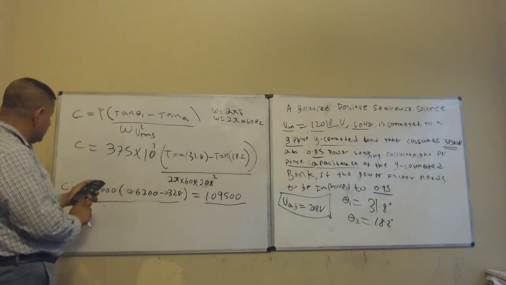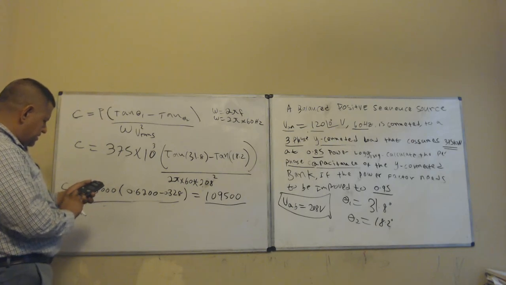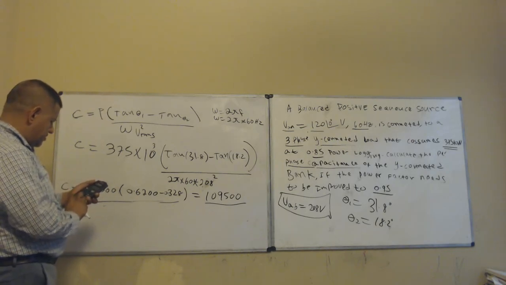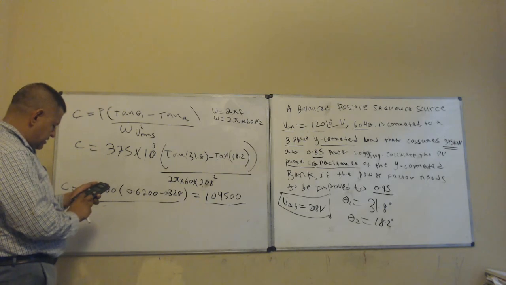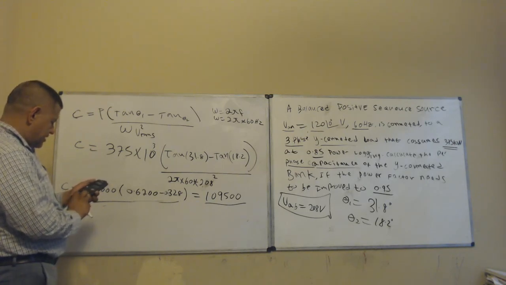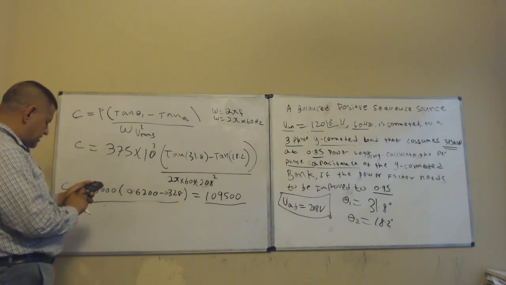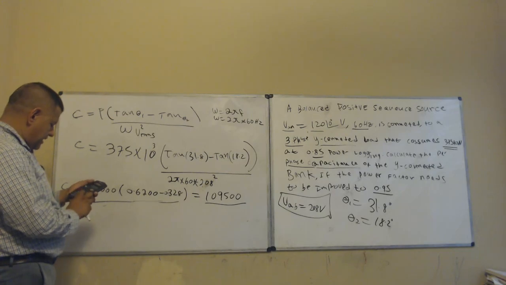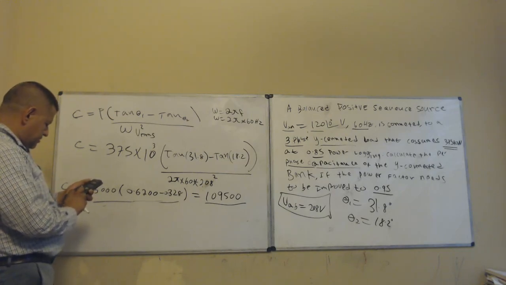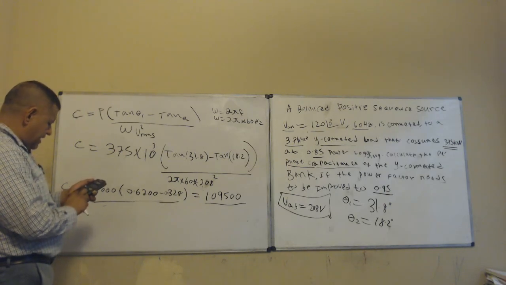So 375,000 times tangent of 31.8 minus tangent of 18.2, right?